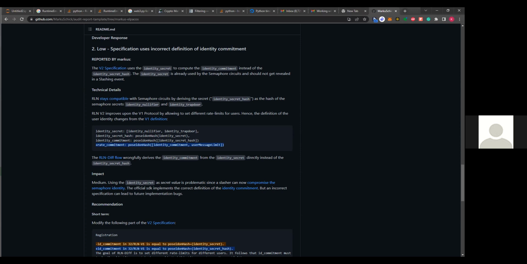This identity secret hash is then used as a secret in RLN. So the identity commitment should also be calculated over this identity secret hash and not the identity secret directly.